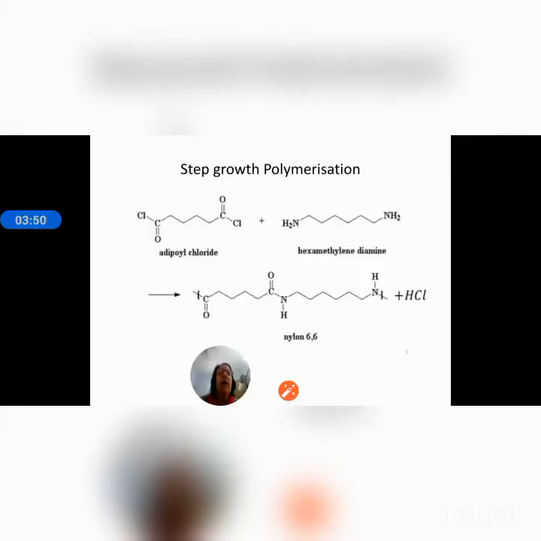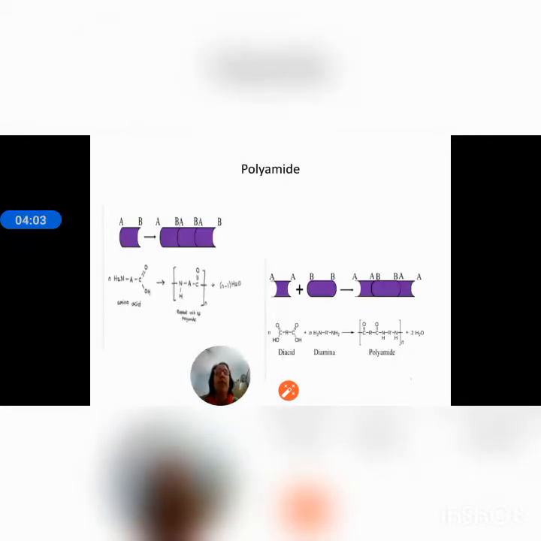Acid chloride and hexamethylene diamine combine and form nylon 6,6 polymer. In the first step, HCl is evolved. Polyamide is also one of the examples.